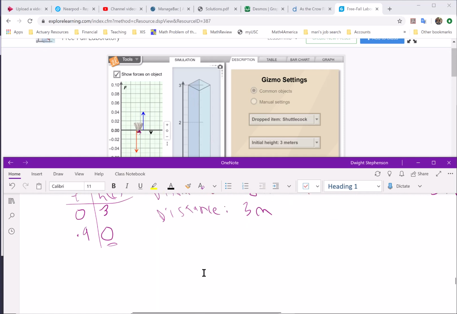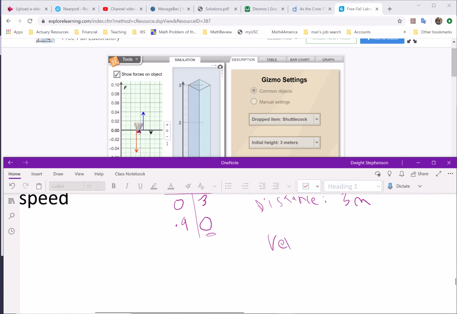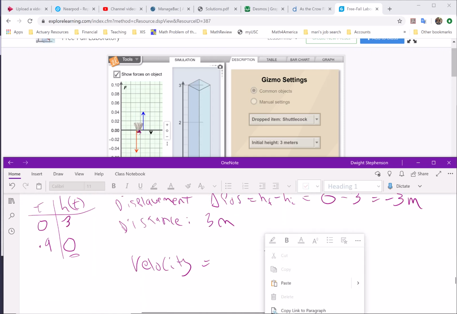If we're talking about velocity and speed, remember velocity is displacement over time. We already calculated our displacement is -3 meters, right? So -3 meters over time.